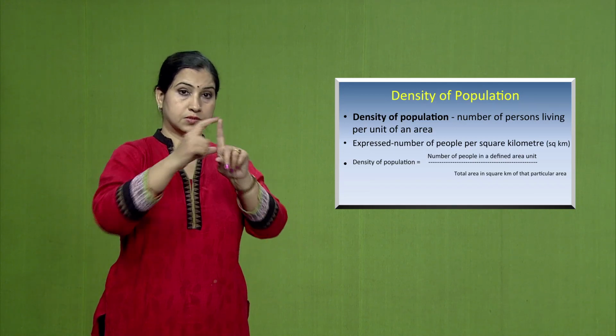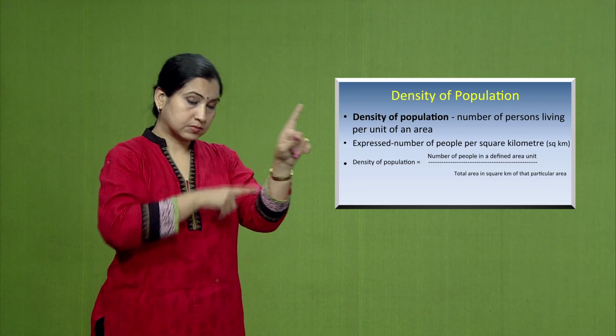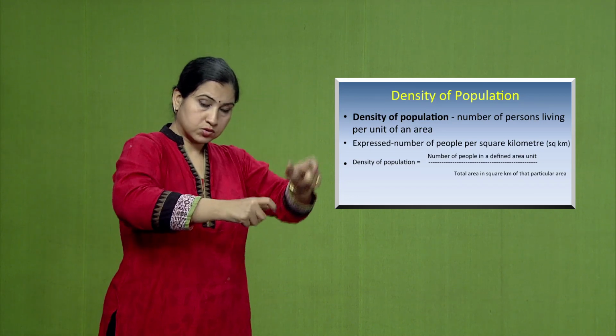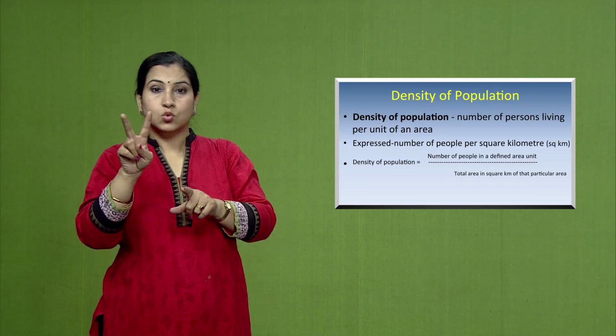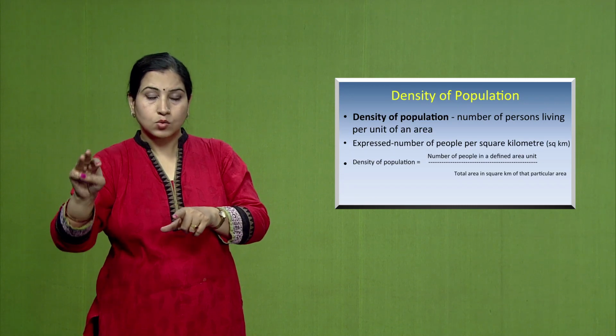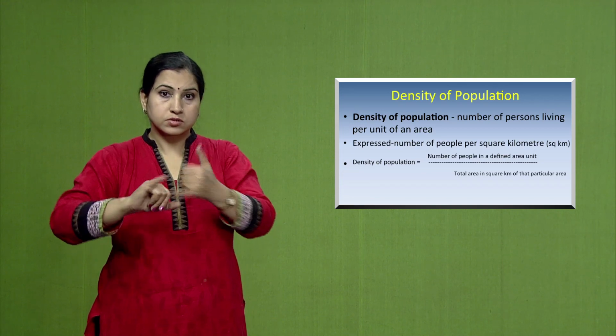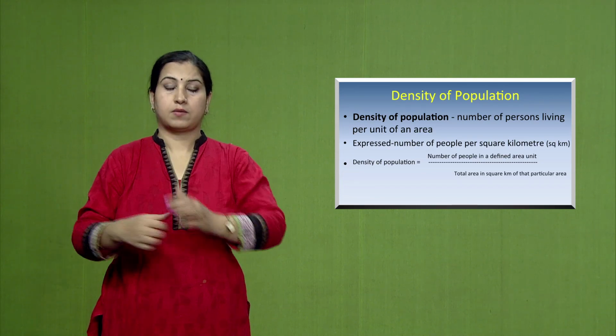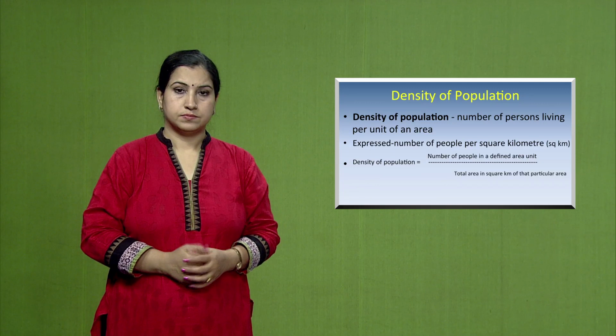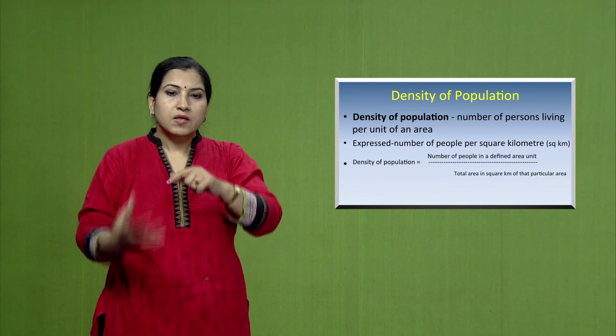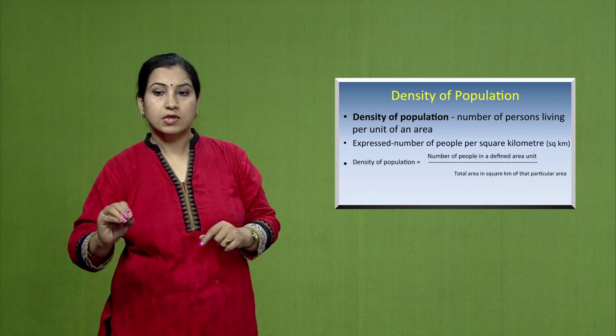Density of population is equal to 2,50,000 persons divided by 1,000 square kilometer. That is equal to 250 persons per square kilometer.